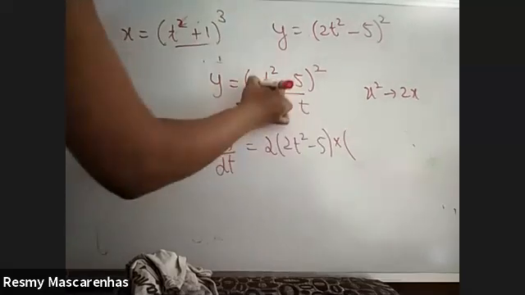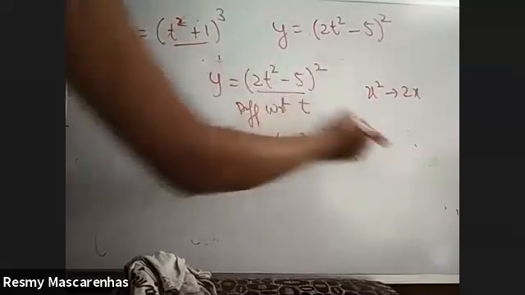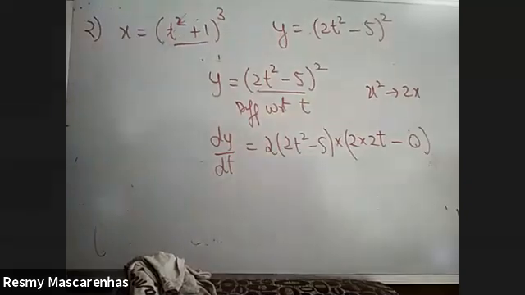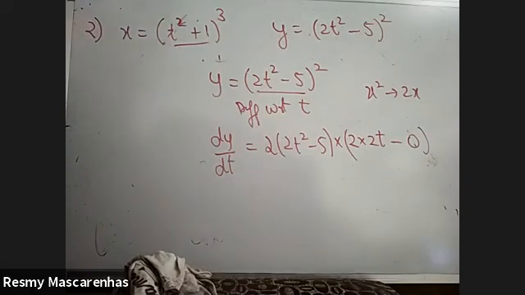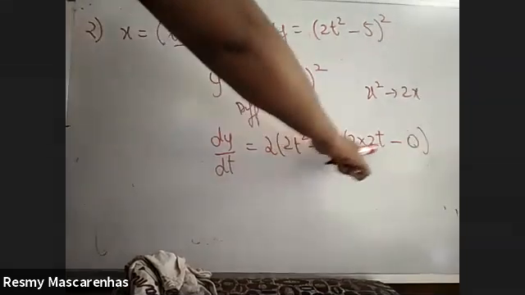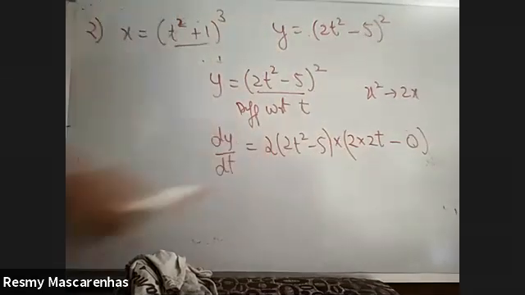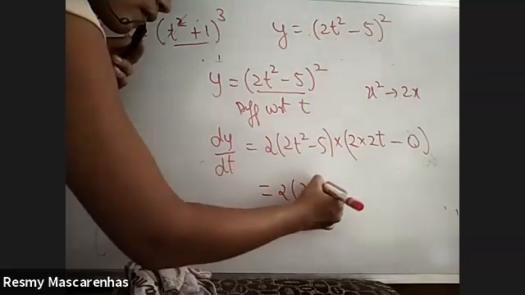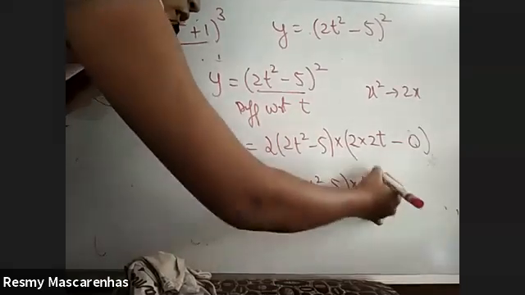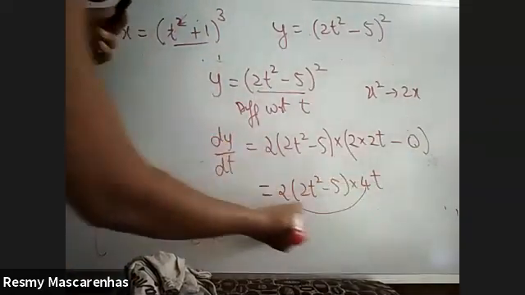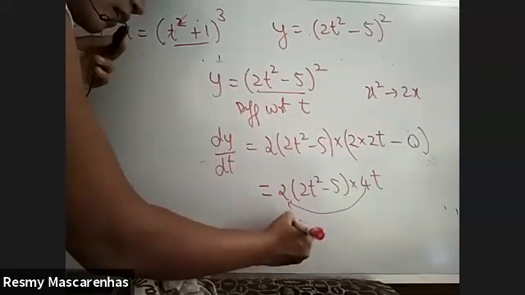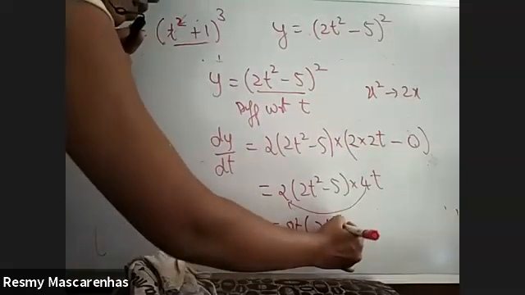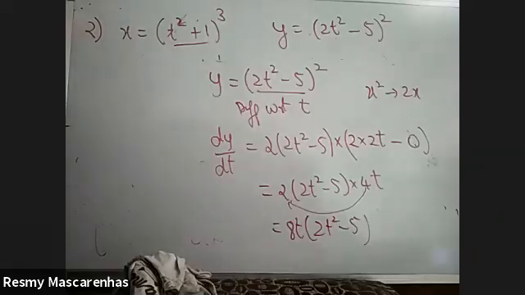So what is inside the bracket? 2 is already there. The derivative of 2t square will be 4t, minus the derivative of 5 will be 0. Now simplify. This will anyway become 4t, and 4 if you multiply to this 2 it will become 8. 0 will be gone. Then multiply this t; if you want you can leave it that side also, no problem. So this will be our answer, dy by dt.